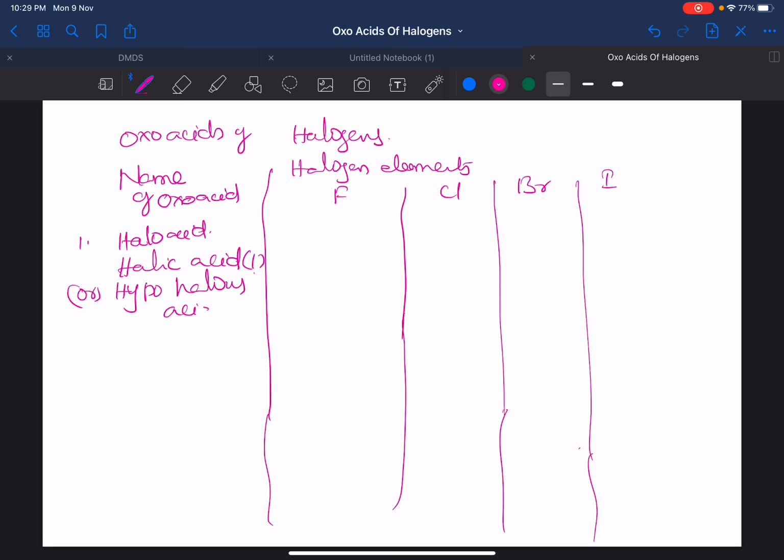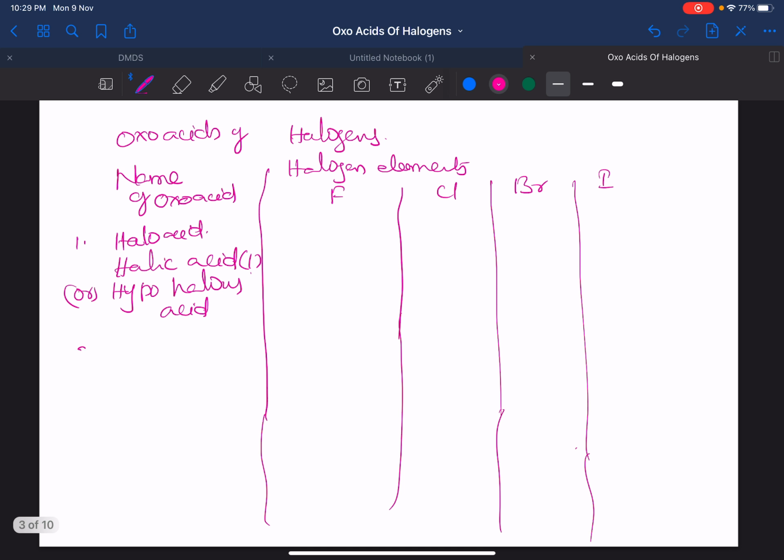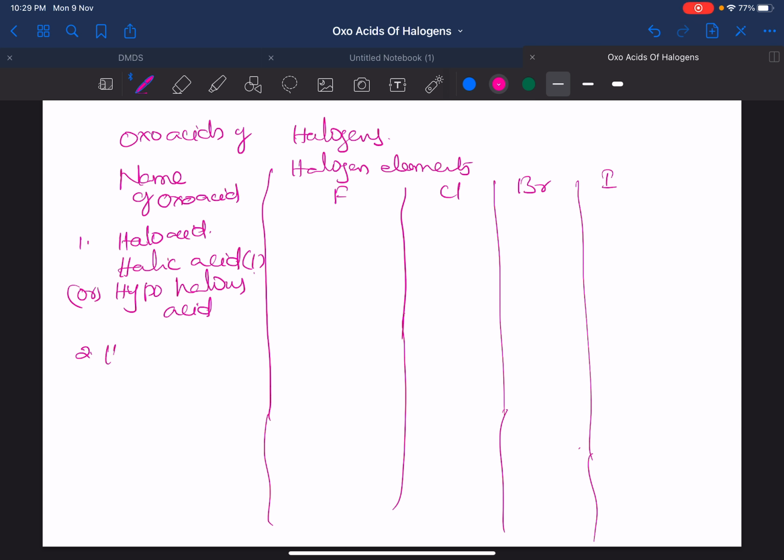The second one is halic acid 2, which means the oxidation state of the halogen atom is +2, and it can be called halous acid.